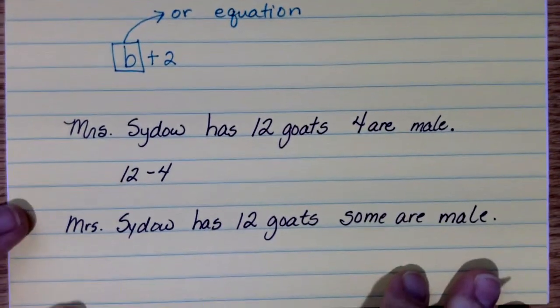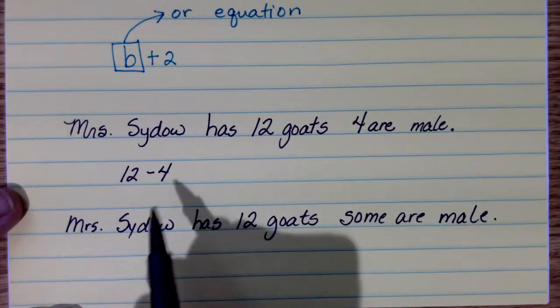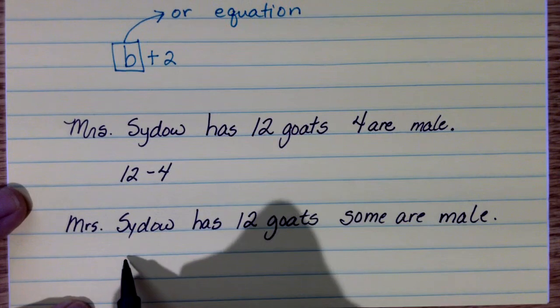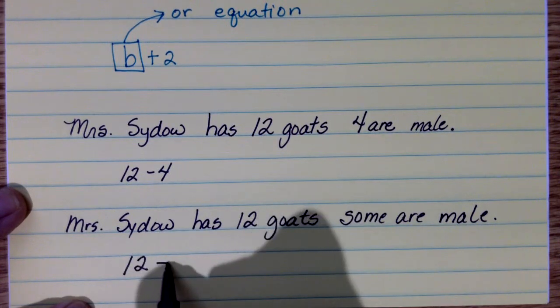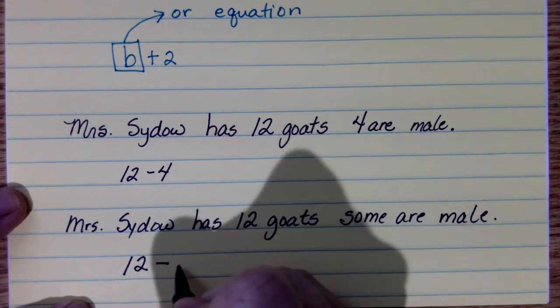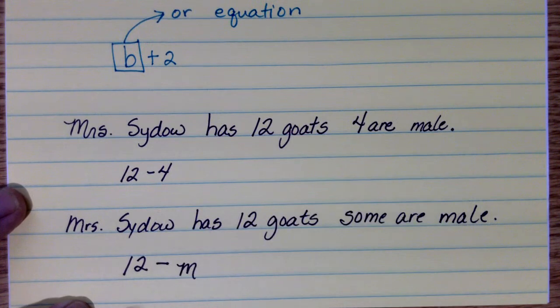Then to find out how many were female, we would have to show an expression like this: 12 minus some number, and we'll use the letter M for male. So 12 minus the number of males that we have would equal the number of females that we have.